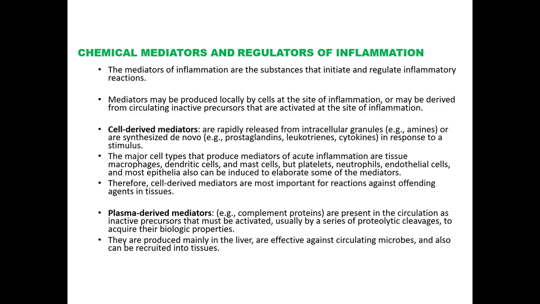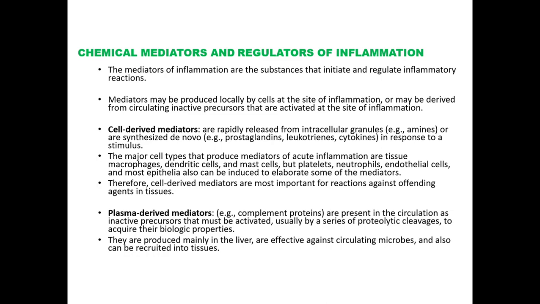The major cell types that produce mediators of acute inflammation are tissue macrophages, dendritic cells, and mast cells, but platelets, neutrophils, endothelial cells, and most epithelia also can be induced to elaborate some of the mediators. So the cell-derived mediators are most important for the reaction against the offending agent in the tissue.